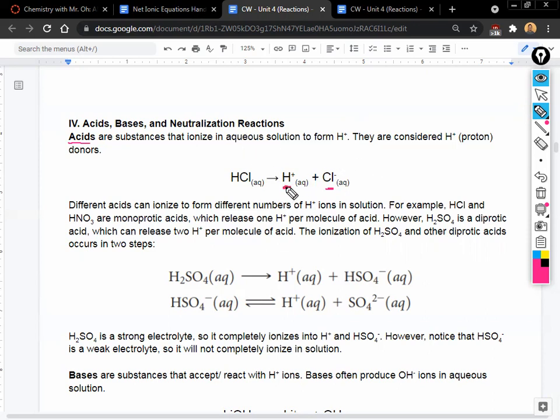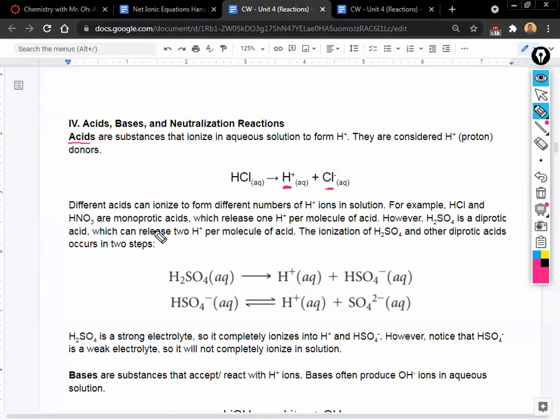They form H+ when you put them in water. For the purposes of this unit, we just need to know that they donate H+.